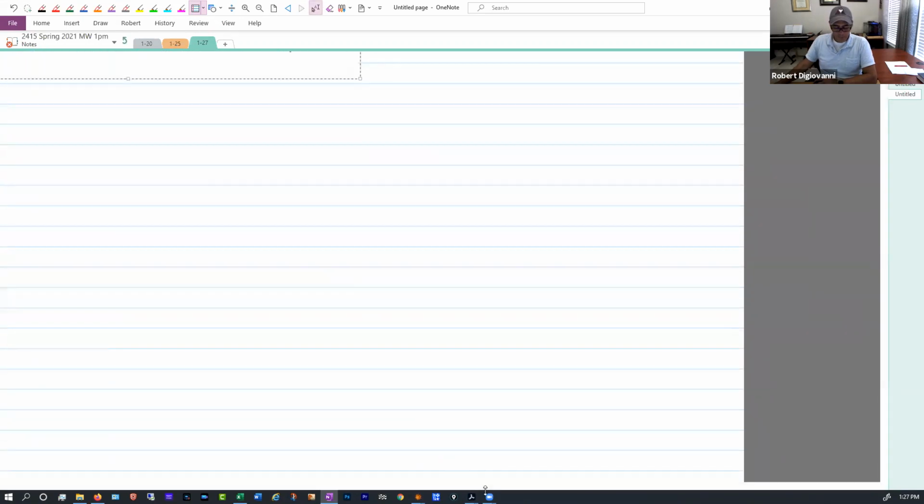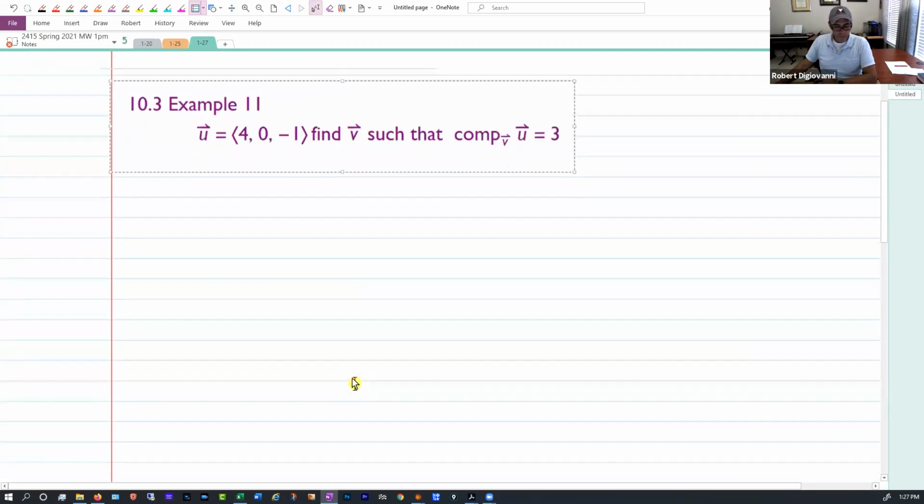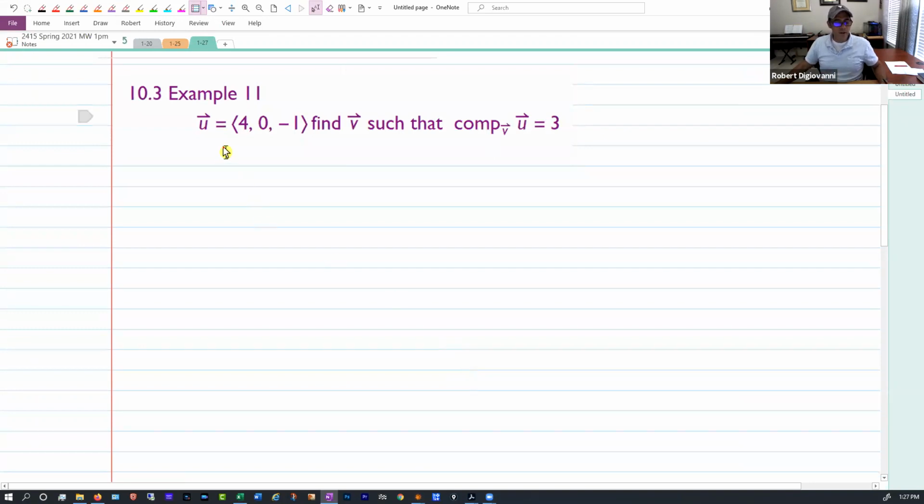All right. So we're given a vector in 3-dimensional space, right? Here it is. So I'm just going to draw that vector. There it is. That's the vector u. It's the vector 4, 0, -1. All right, it's in 3-dimensional space.